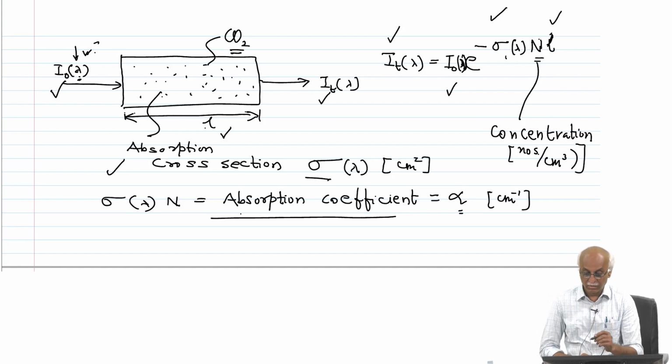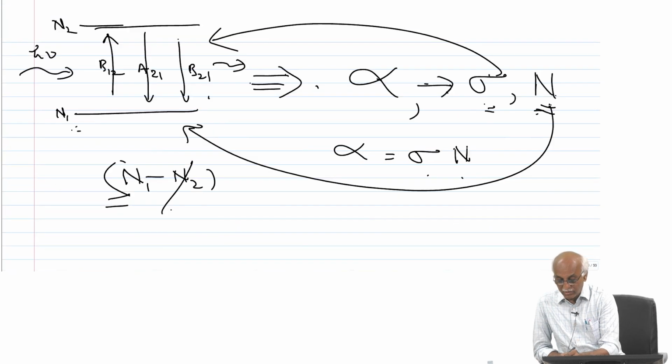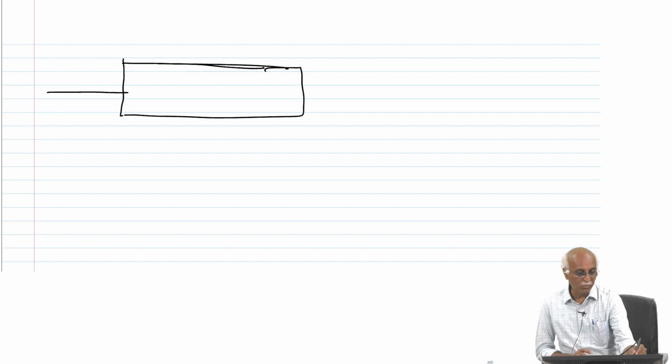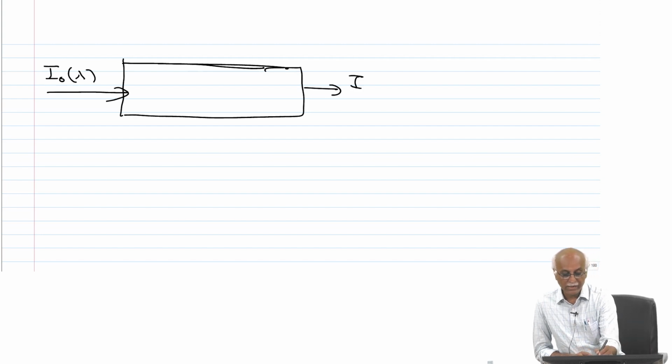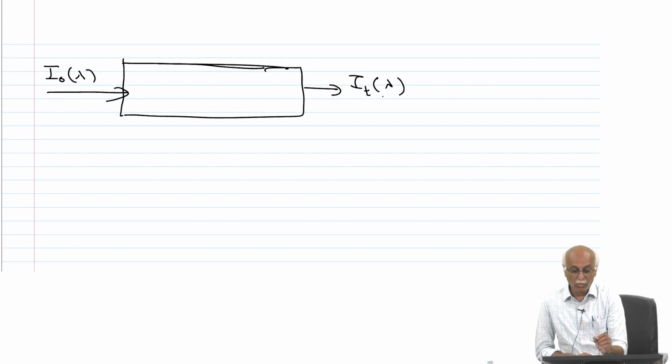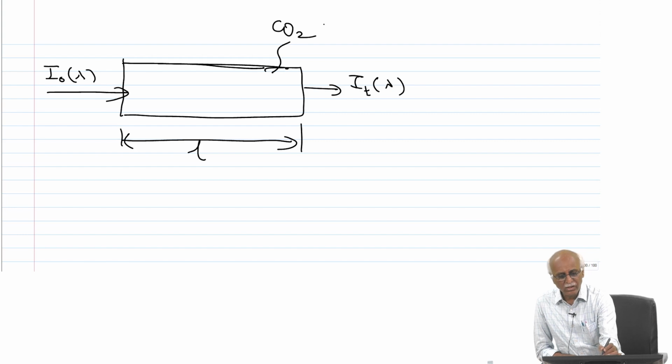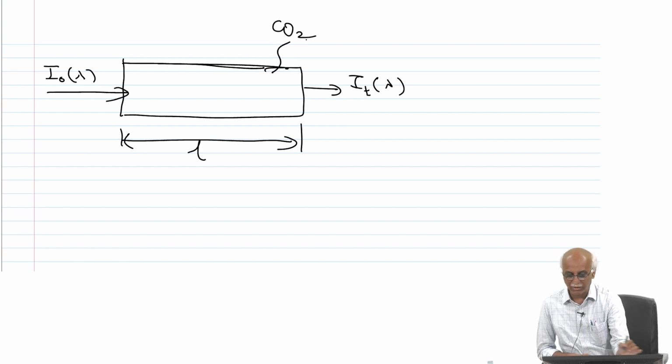However, in some cases there will be scattering. That is a slightly more complex part, one more extra step, though not very complex. Let us say I am considering the transmission of light I0 lambda, getting transmitted as It lambda. And in the previous equation, if this is length L and there are some molecules, CO2 molecules let us say, each has a certain absorption cross section.